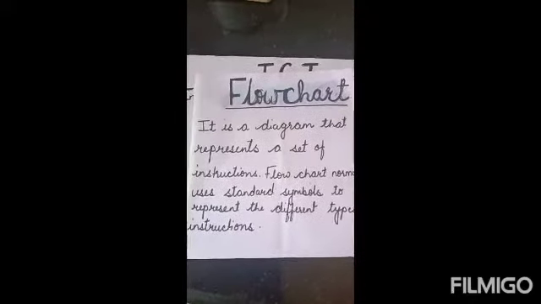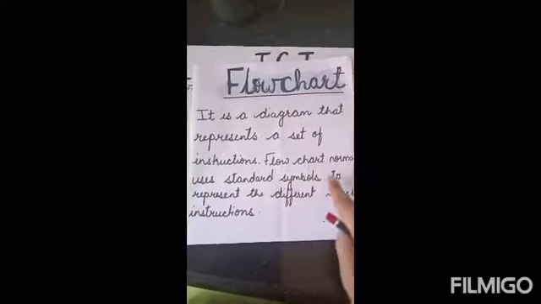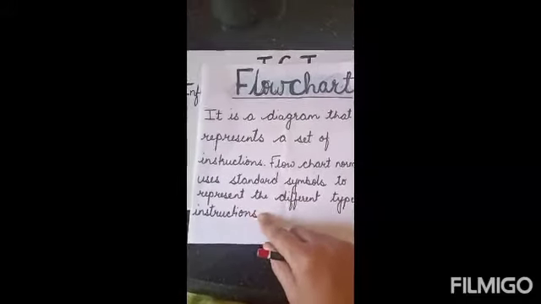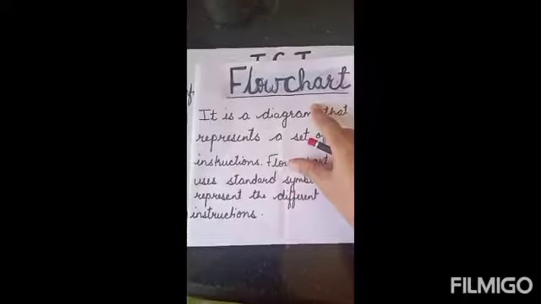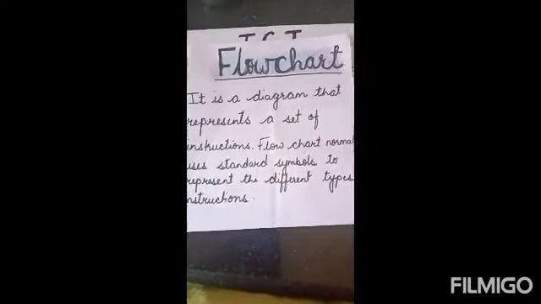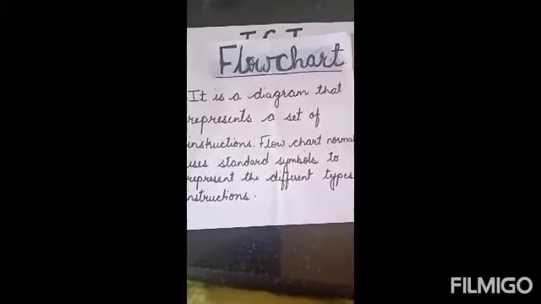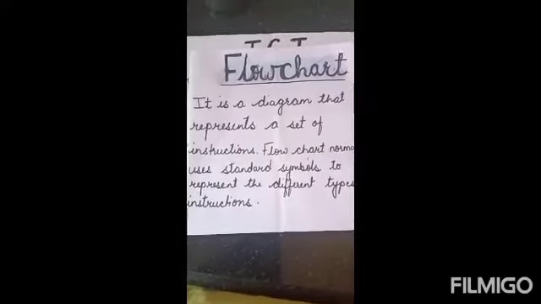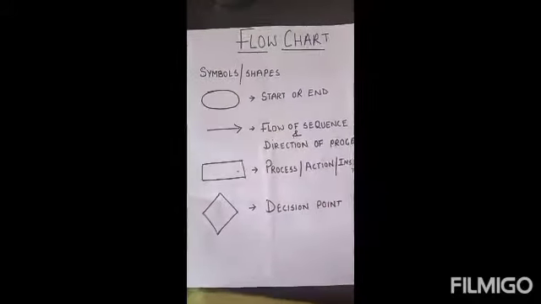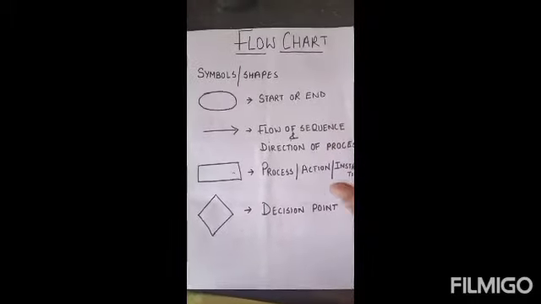It uses standard symbols to represent the different types of instructions. All you have to remember is a flowchart is a diagram that represents a set of instructions. And what are instructions, children, in ICT? Yes, algorithm. A set of instructions is known as an algorithm.